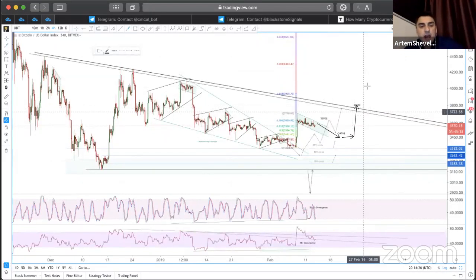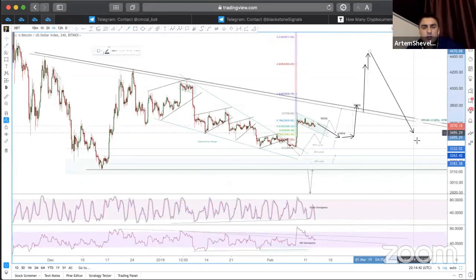So if we are really at the bottom of Bitcoin price, which will be great and super, right? Then probably we're going to have higher highs here. Probably like 4,300, like 4,400, something like this. And after that, we will have a drop. So that's what we can expect.